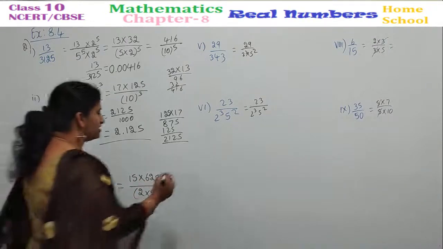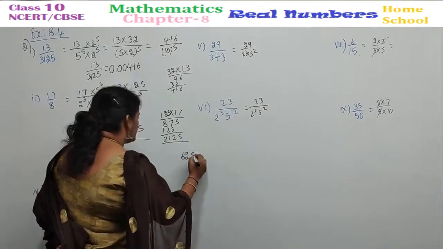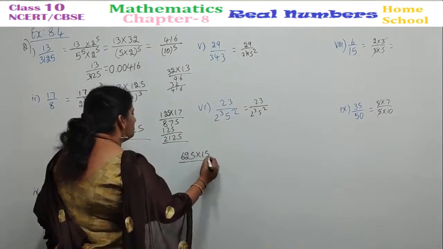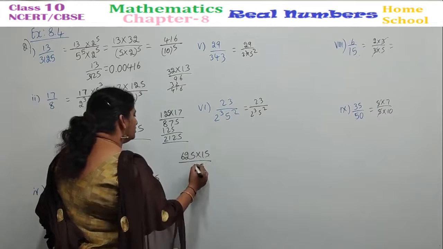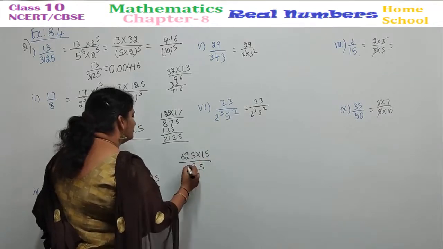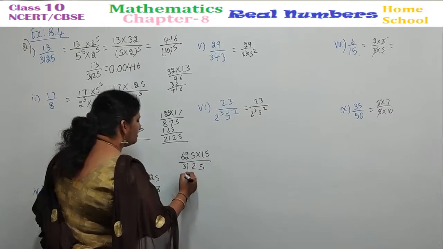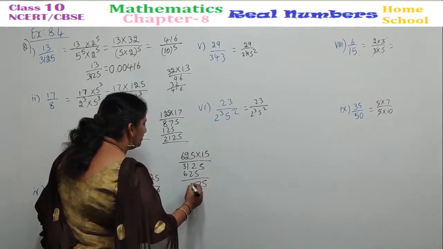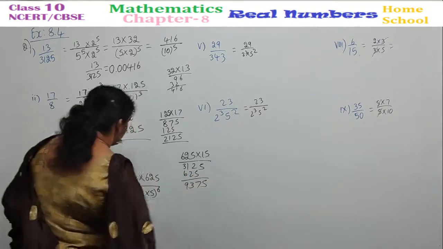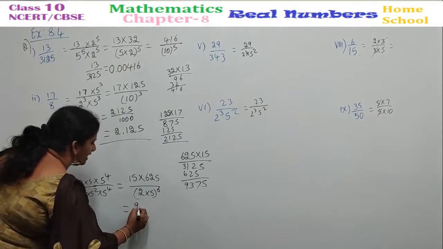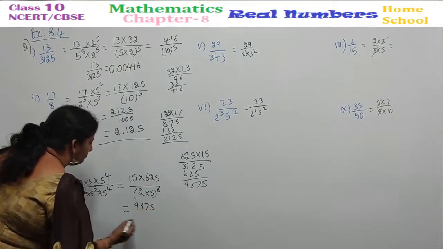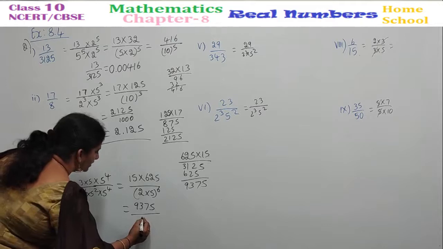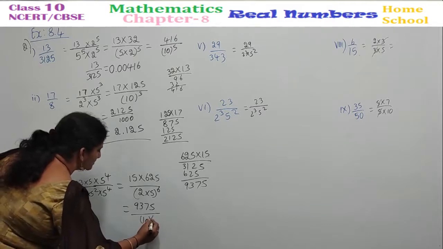Now multiply these two. 625 into 15. 5 5s are 25, 10, 12, 31, and this will be 625, 7, 3, 9. Now finally 9375 by 10 power 6.